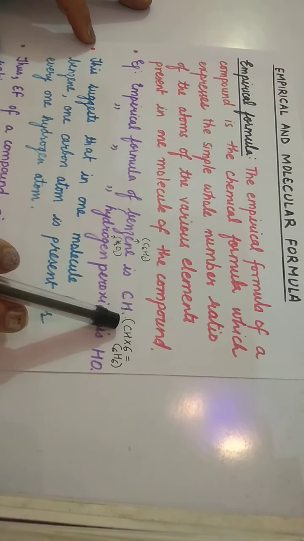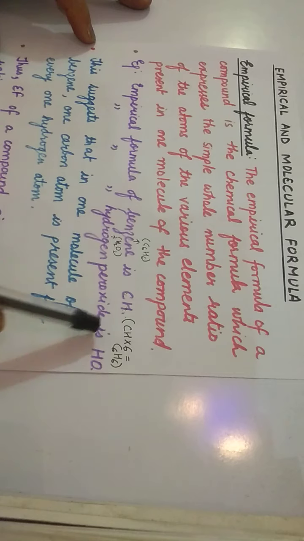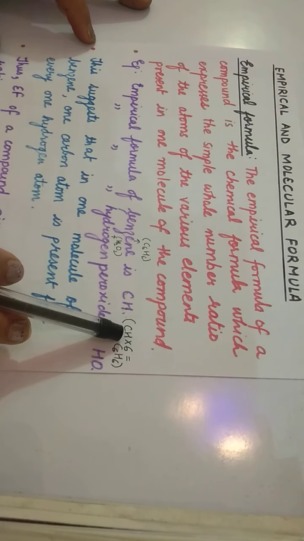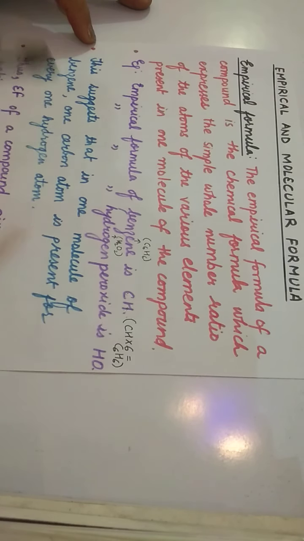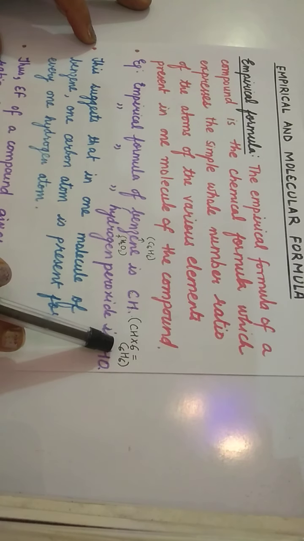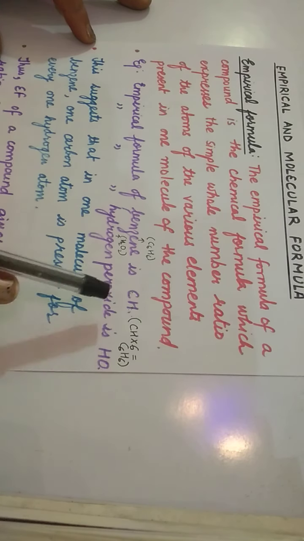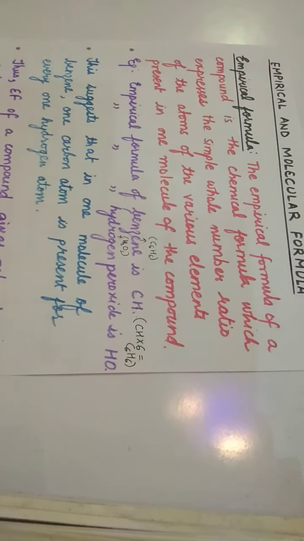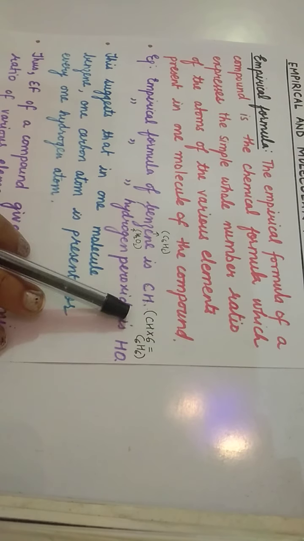For each carbon atom, there is one hydrogen atom, or for each hydrogen atom, there is one carbon atom. So, in benzene, there are 6 carbon atoms, and the number of hydrogen atoms are also 6 here. So, for benzene, the empirical formula is CH.